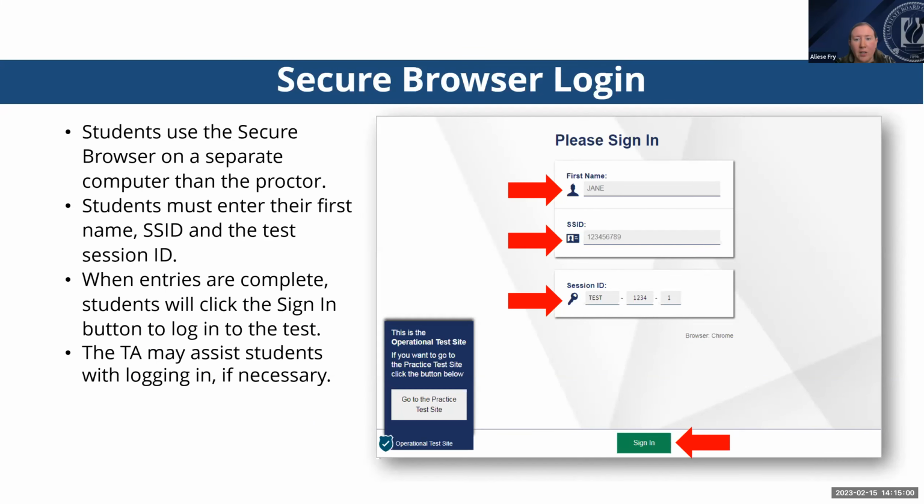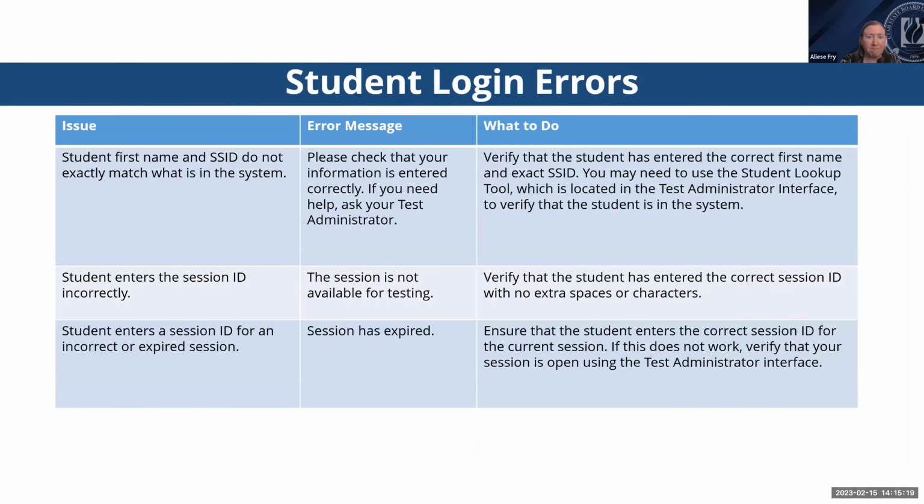To log into the online testing system, students need to use the secure browser on a separate computer or device than the one that's being used by the teacher or the proctor. When they enter their information and it's complete, they can sign in. A teacher can assist students when logging in if necessary. If students are having difficulty logging in, an error message or code might display on the login screen.